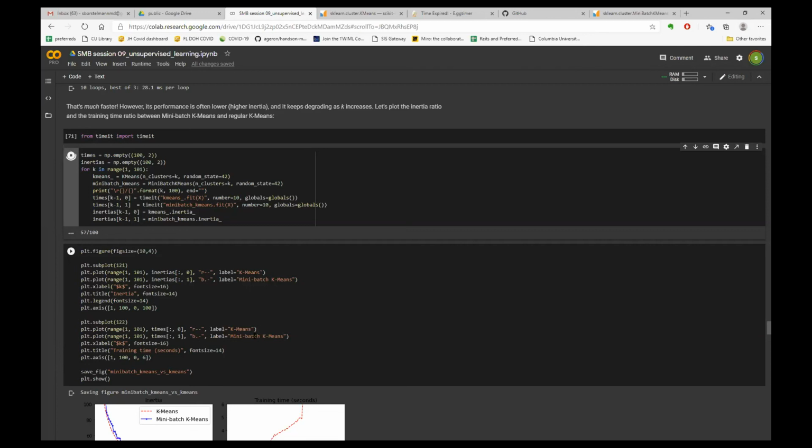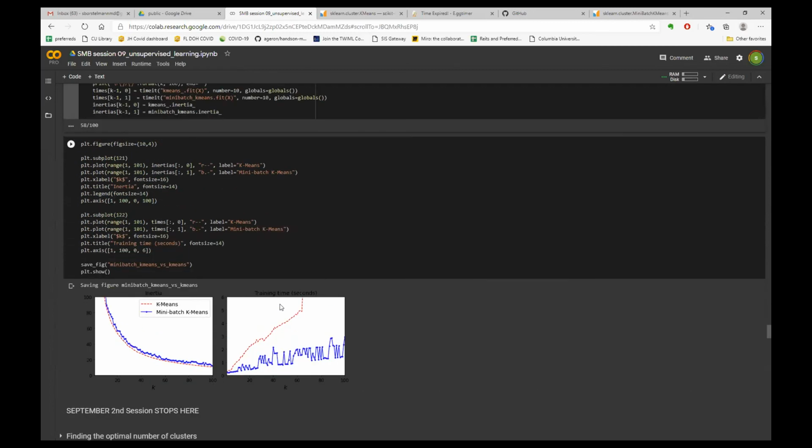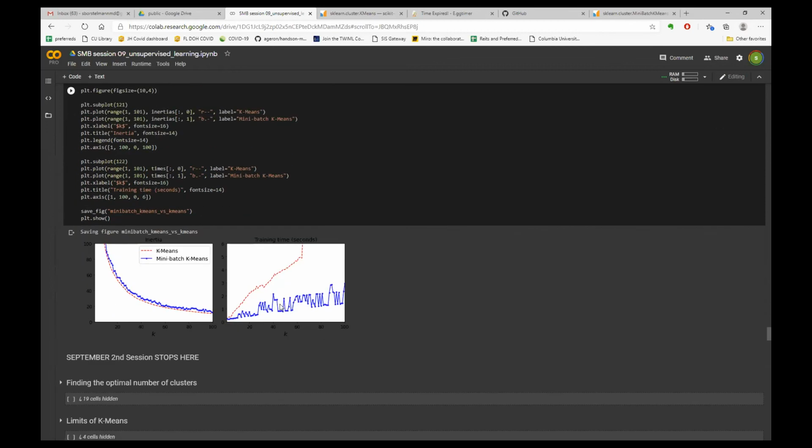Okay, we're at 56. And here's the beautiful graph that's going to result when we plot this. The bottom line is that k-means is nice and smooth, while mini batch k-means is a little more irregular. The left graph is inertia. The right graph is training time.